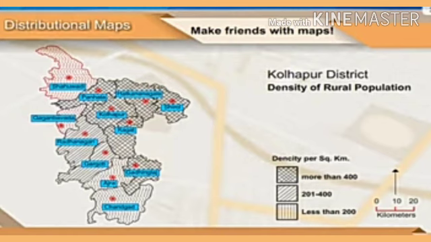Now students, let's make friends with the maps. We can see in the given map the density of rural population of Kolhapur district is shown. The density of the population is decreasing towards the northern and southern part of the Kolhapur district.